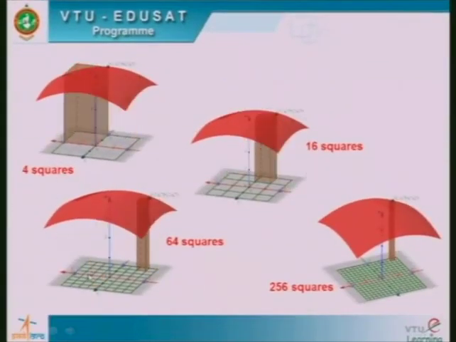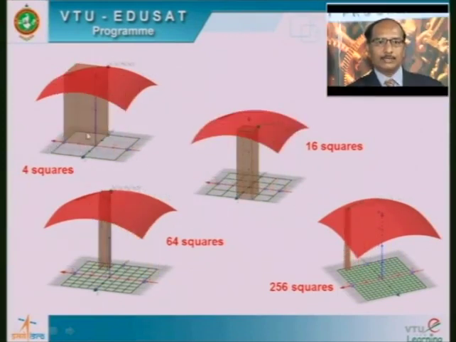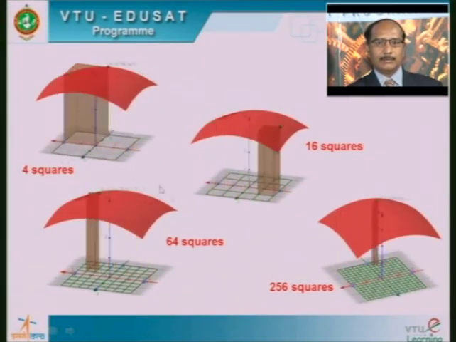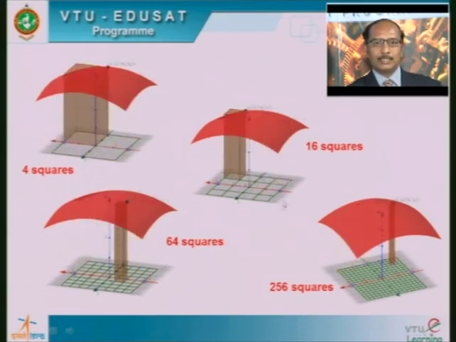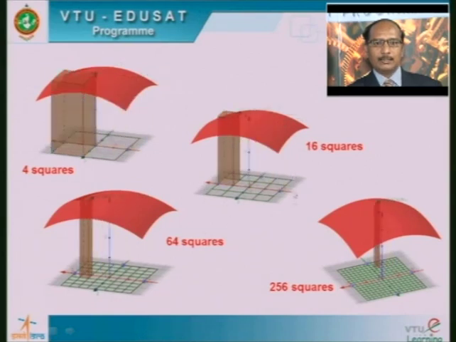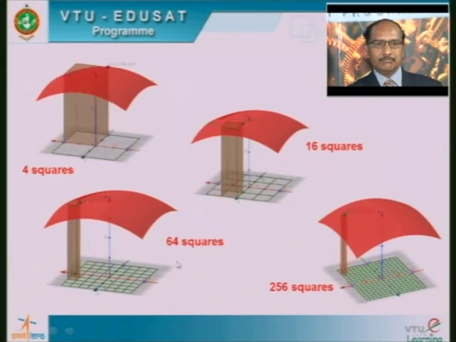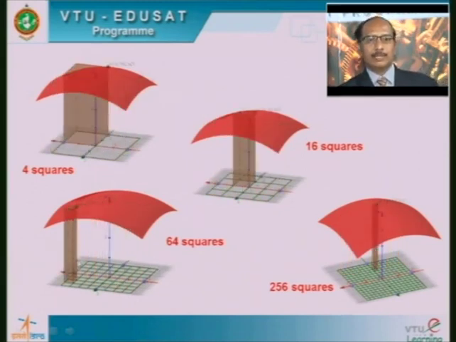Here also you can visualize we have copied all the subregions. For 4 squares, the bigger rectangular columns are added here. If n is 4, there are 16 columns, 16 rectangular boxes added, that is better than the 4. Then m and n are 8, 8 into 8, 64 rectangular boxes.